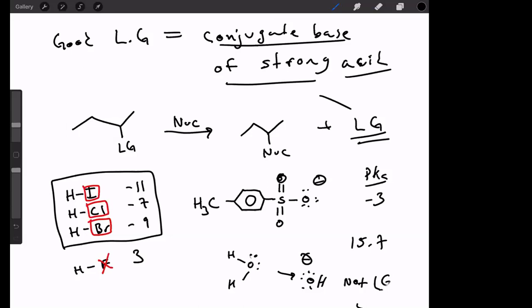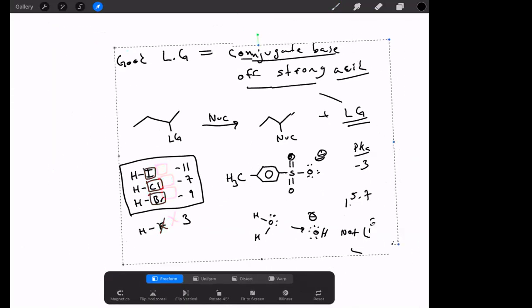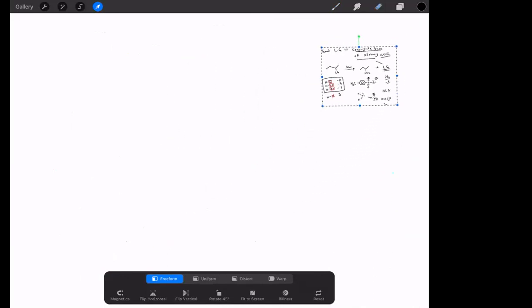All right, and so what I want to do is just pause for a beat and see if there's any questions about anything so far. All right. The next thing I want to do is talk about the classification of different haloalkanes or alkyl chlorides or alkyl halides.